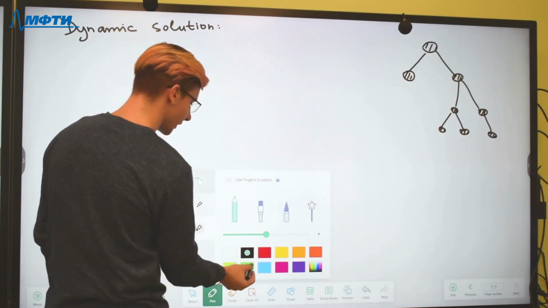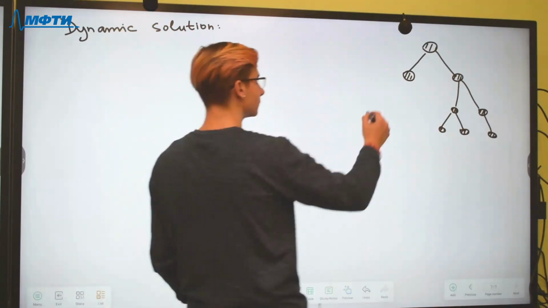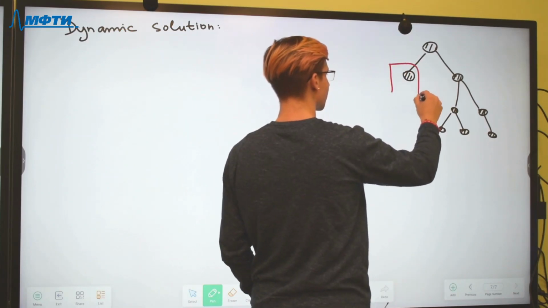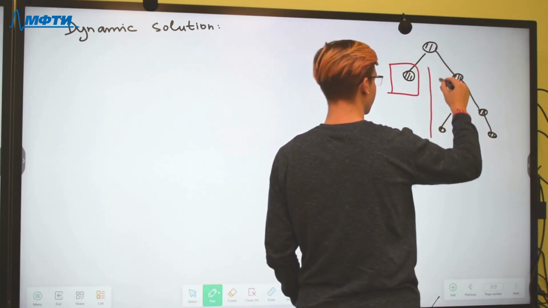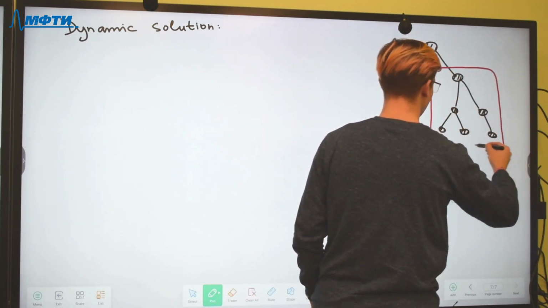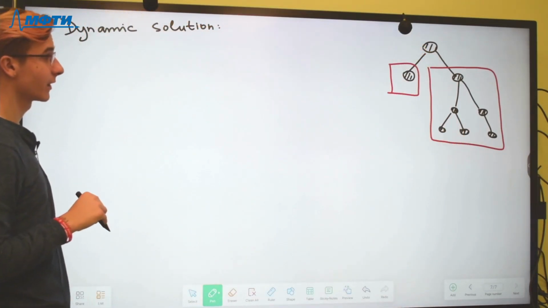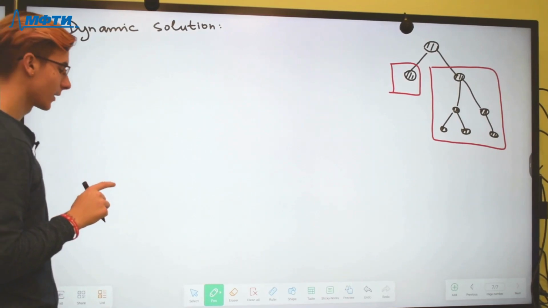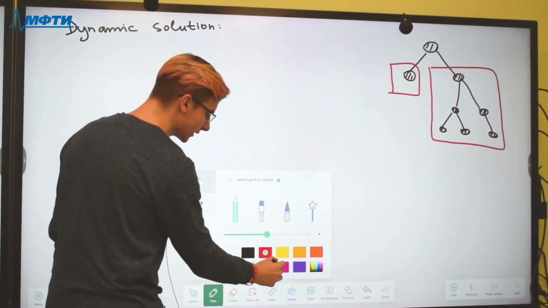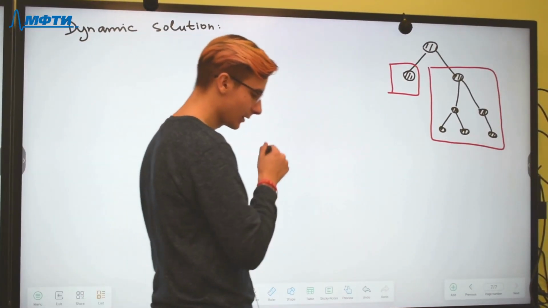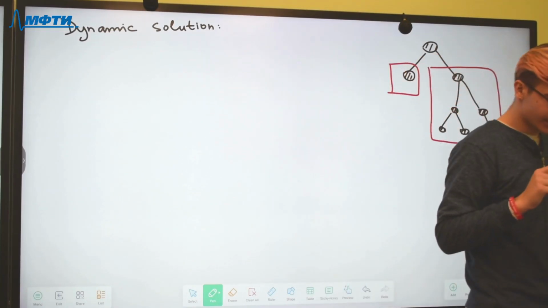Yeah, we can say that we can divide the tree in two and solve this task for them.